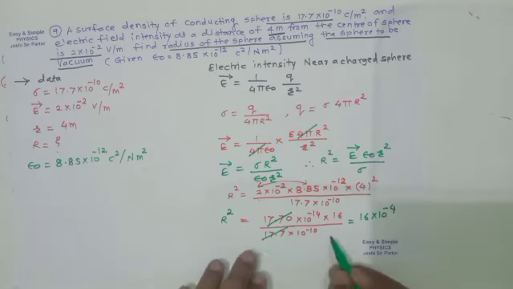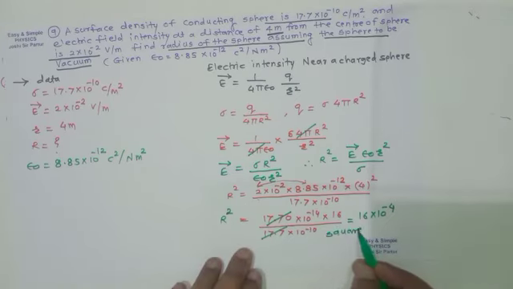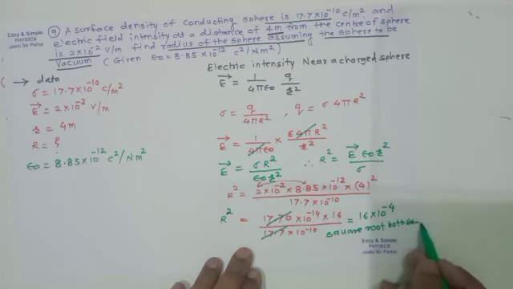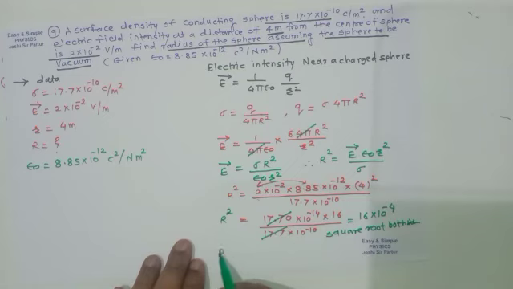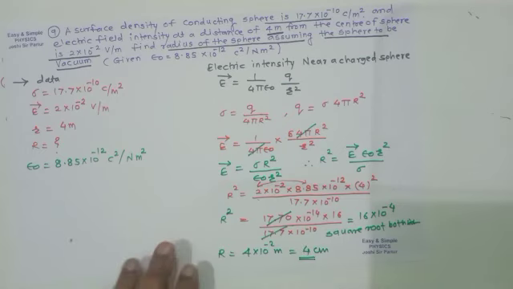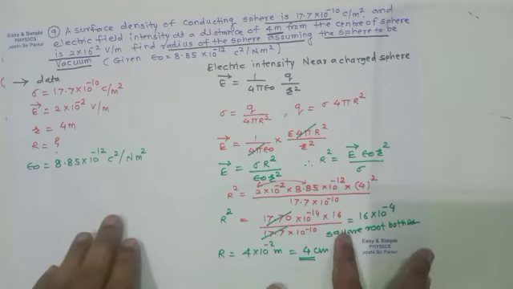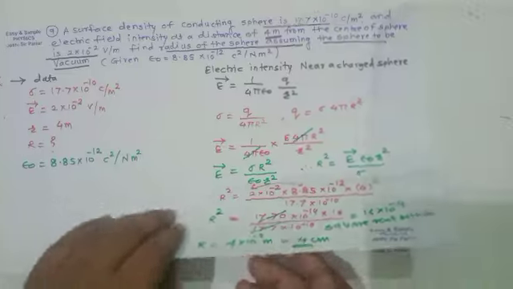Take the square root on both sides. It will be capital R is equal to 4 into 10 raised to minus 2 meter or 4 centimeter. So the radius of the charged sphere will be 4 centimeter, which is the answer for the given example.